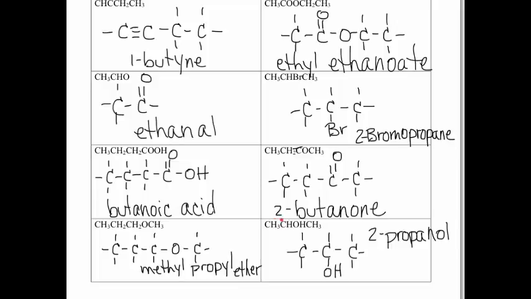And we have to include the number since the example in table R has one, so it's 2-butanone. Last one on the left here, we have a 3-carbon branch with an oxygen connecting it to a 1-carbon branch. And we name it with the shorter chain and then the longer one and then tack on ether.